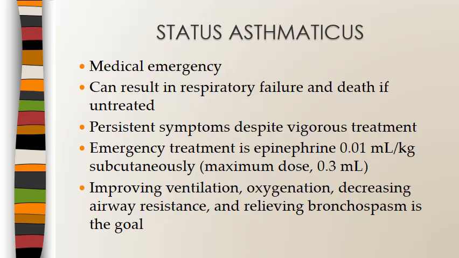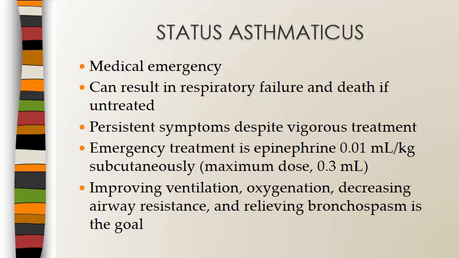So when a child has status asthmaticus, this is a medical emergency. It can result in respiratory failure and death if it goes untreated. What happens here is that you have persistent symptoms despite vigorous treatment. Emergency treatment of children with this type of attack is giving them epinephrine subcutaneously.